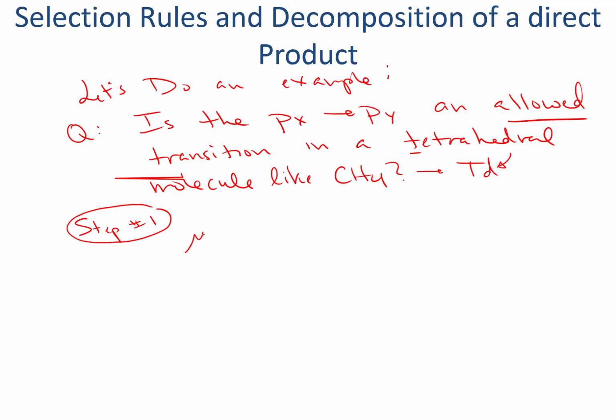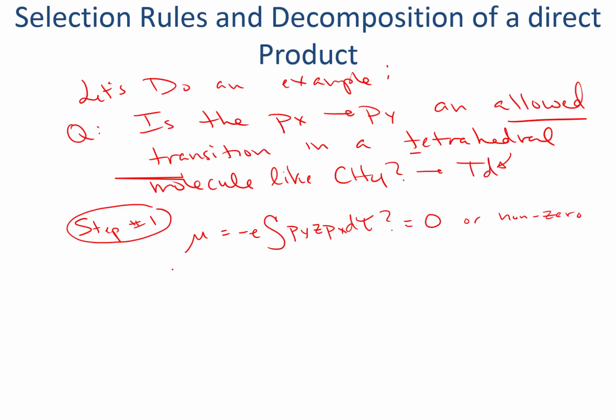We know that it should be our transition dipole moment, our integral, and in this particular case, it's py, z component, px, d tau. And we're wondering whether or not it equals zero, or it is a non-zero answer.